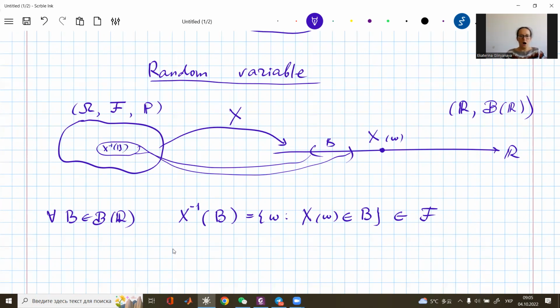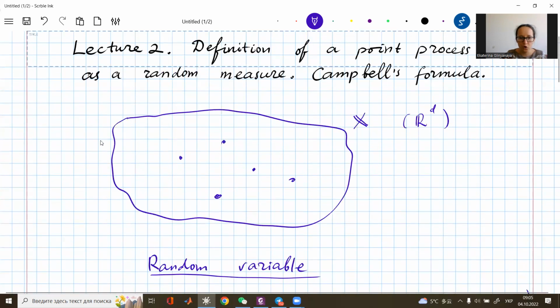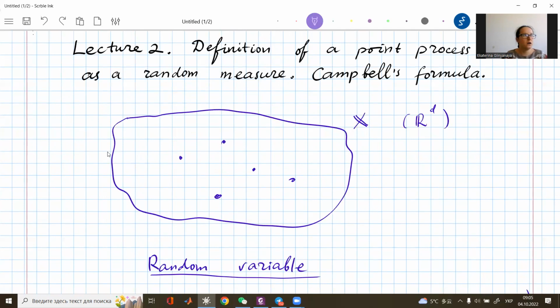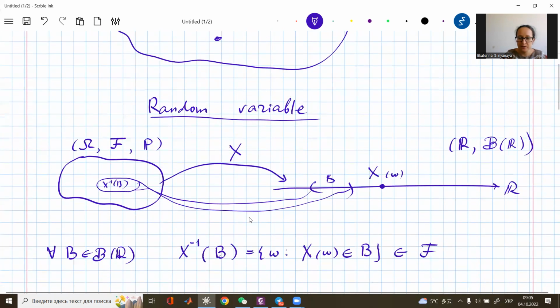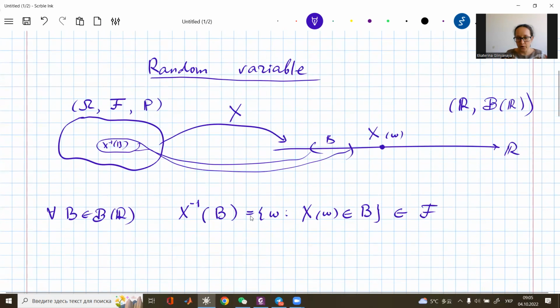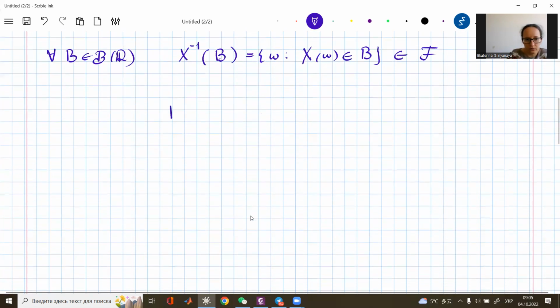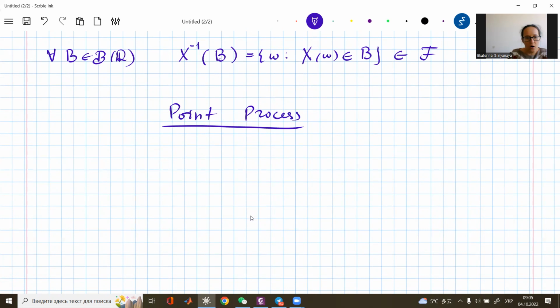Yes, so for example, I take here B and I consider all points that are its preimage. Okay. But now, if we have a picture which is more complicated, we have a collection of random points in a space, how can we be sure that we will have such measurability in our case? So first of all, we should understand what is our mapping now.